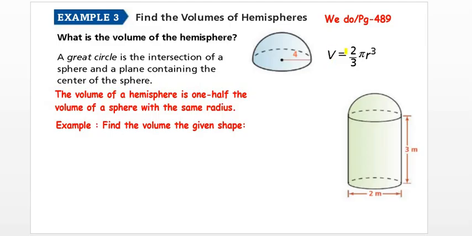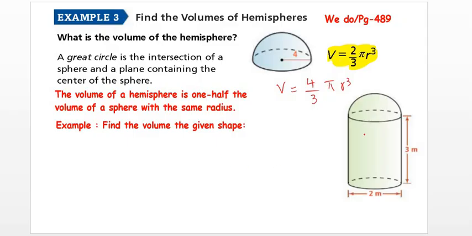Either you can memorize this formula that says the volume of the hemisphere equals 2/3 pi r cubed, or simply you can use the same formula that we used for the volume of the sphere, 4/3 pi r cubed. Whatever the answer will be, divide it by 2, and it will give you the volume of the hemisphere. Clear?